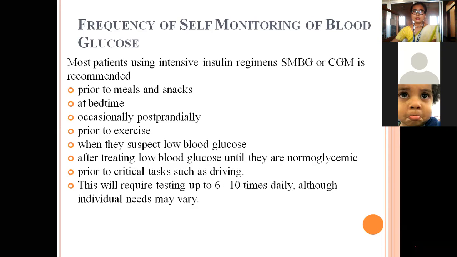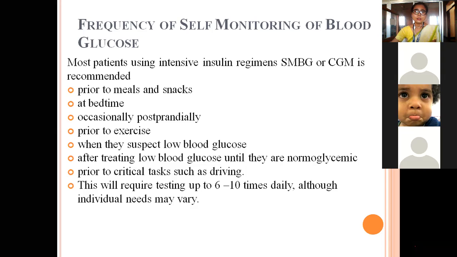The signs and symptoms indicating low blood glucose are that the person will have fatigue, weakness, all those. And after treating low blood glucose until they are normoglycemic, and prior to critical tasks such as driving. And testing up to 6 to 10 times daily, although individual needs may vary.